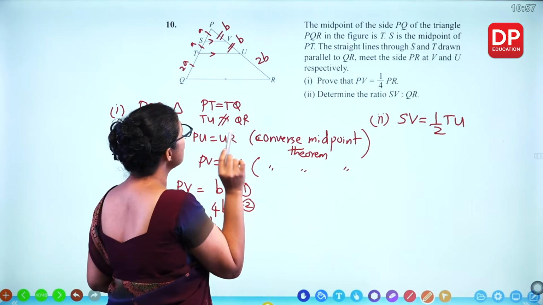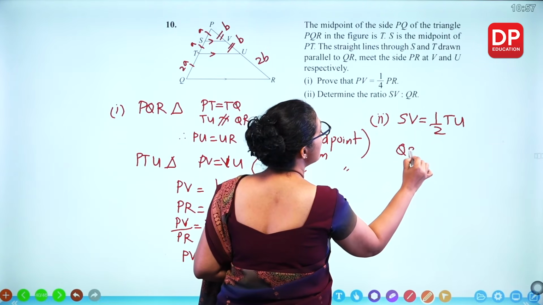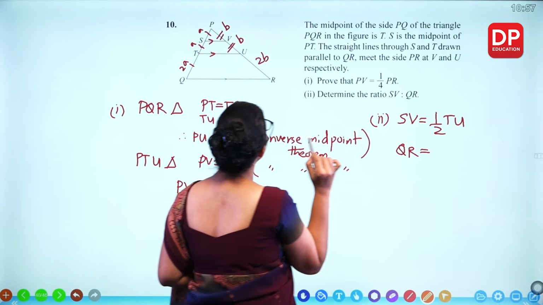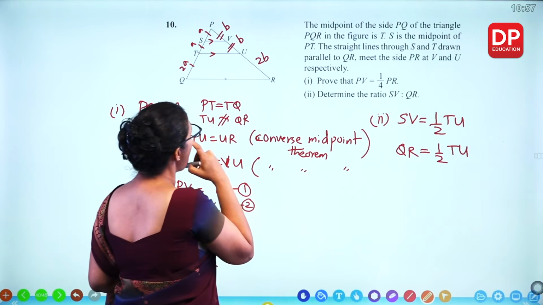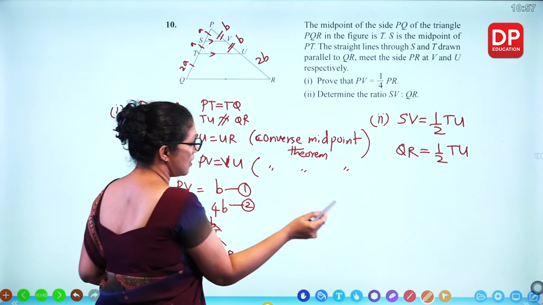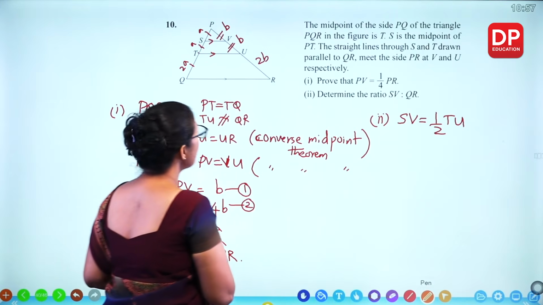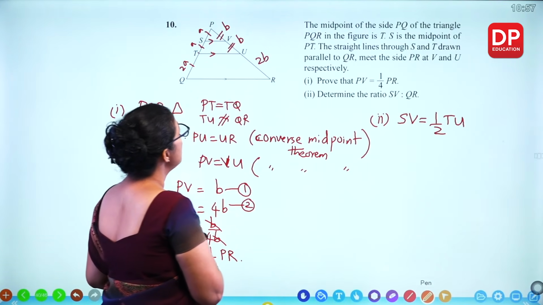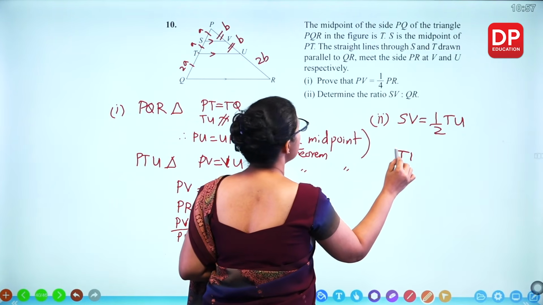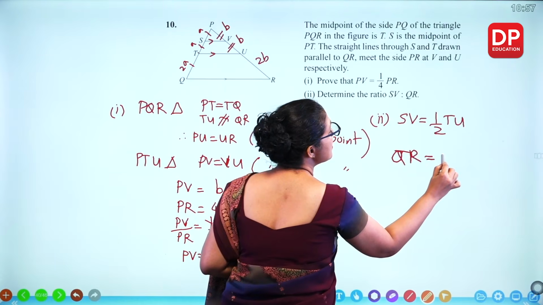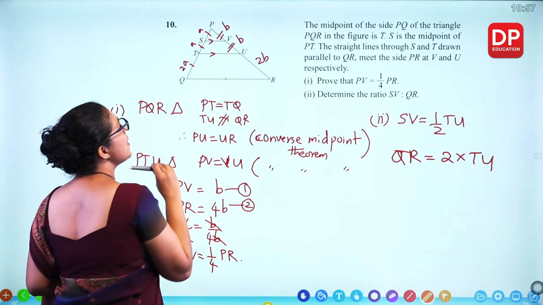Again, if you take the bigger triangle PQR, we know QR is half of T. Other way around, so this is wrong. So we can say when you take the bigger triangle, I can write QR is double of TU. Double of TU is QR.